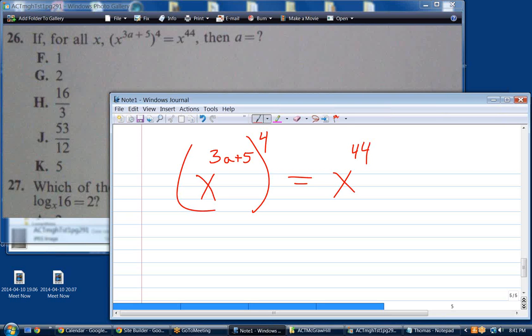What's the only thing we can do? Well, looks like the factoring. No, it's not factoring. We've got x taken to an exponent, all of it taken to another exponent. How do we handle this?